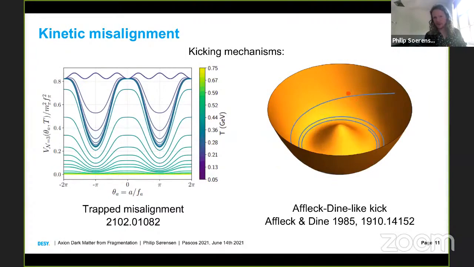This could be something like an Affleck-Dine mechanism, the spinning axion that Pion talked about. It can also be something more exotic like trapped misalignment, which was recently proposed by Kitajima, Ringwald, and collaborators. But kinetic misalignment is really a general framework, and you just need to have the kinetic energy given by any mechanism, and then it can work. It doesn't really matter how you get the kick.